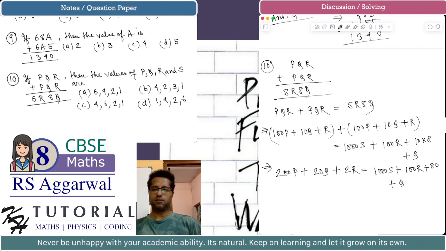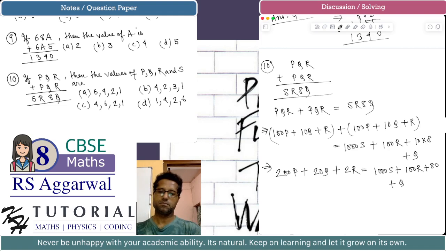Now P and Q are digits, their values lie from 0 to 9. So definitely R, 80 plus Q, twice R, hundred.